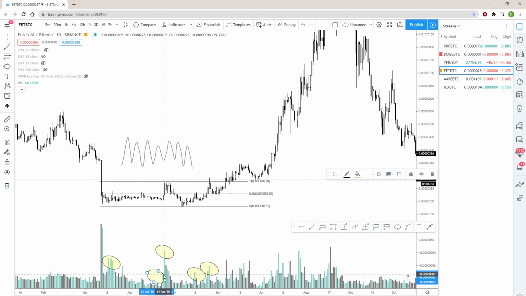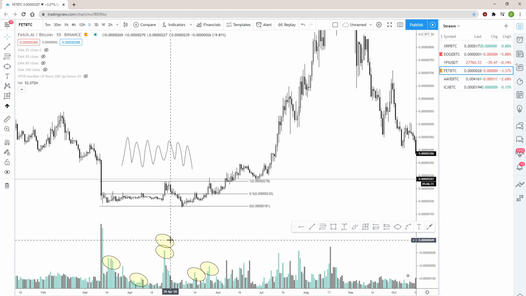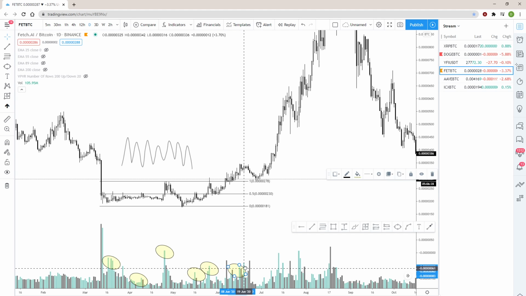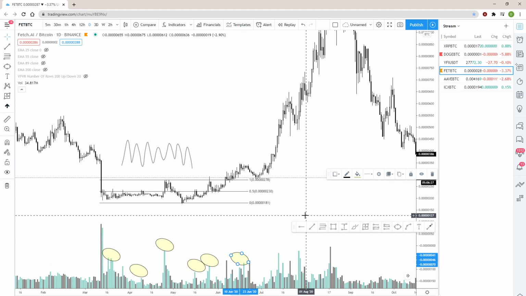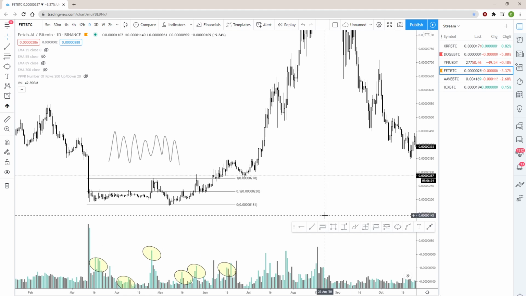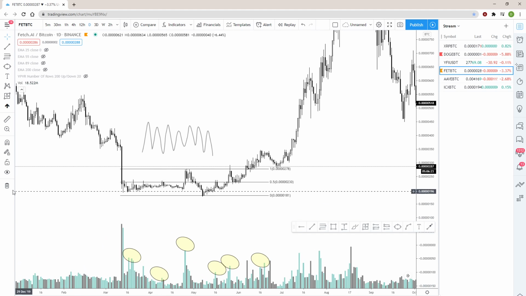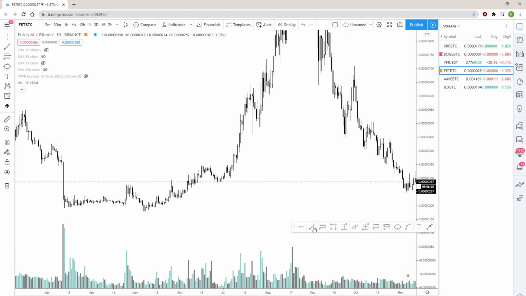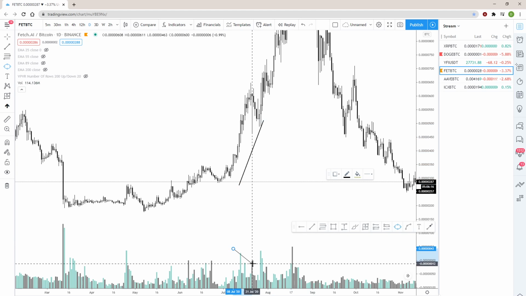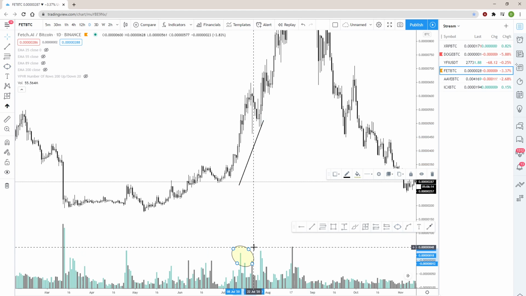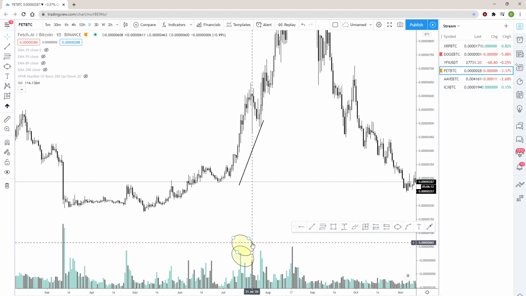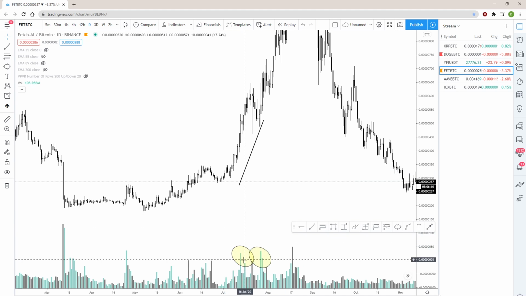That's usually a good sign of accumulation. And then once price finally starts to move right here, you get to see some big volume follow-up. That's when you know that this range is ending.